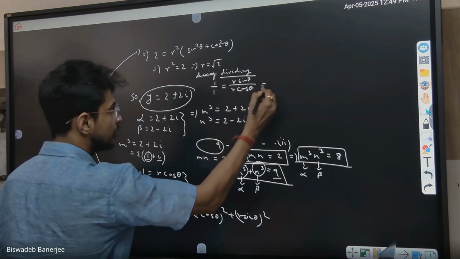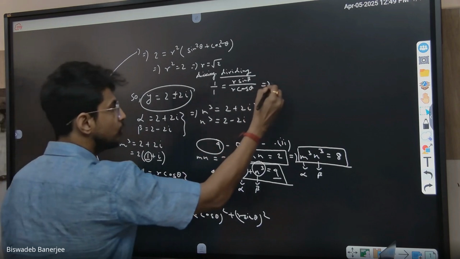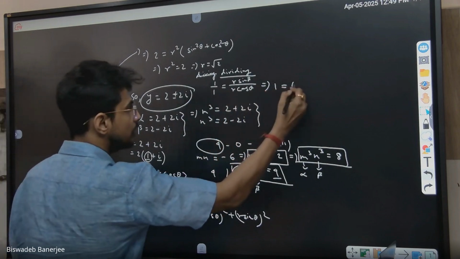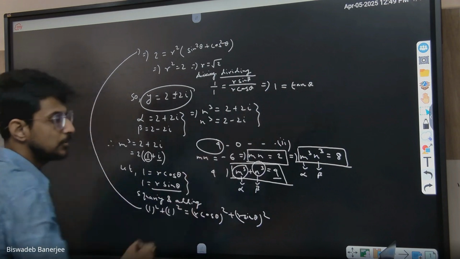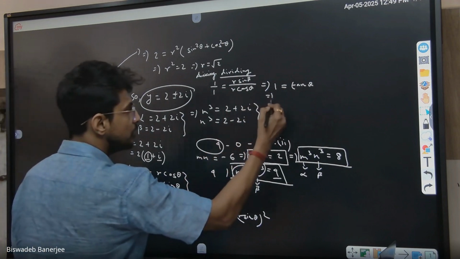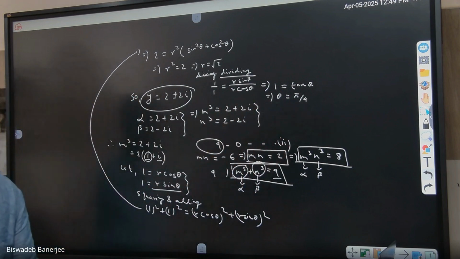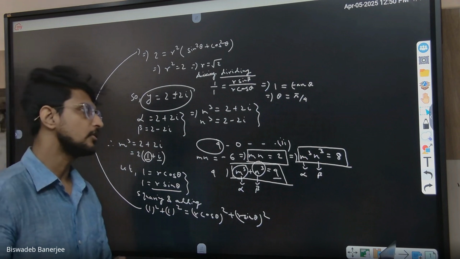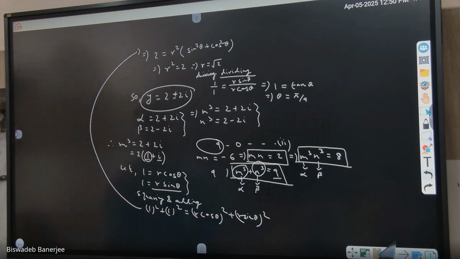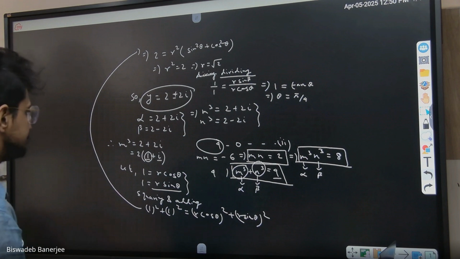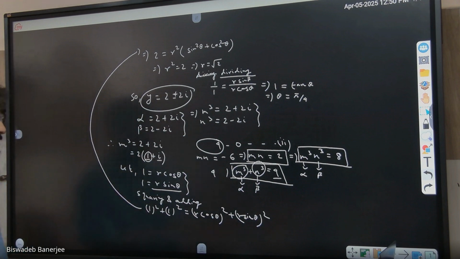Always find it by this rule. 1 by 1 gives you 1. r gets cancelled. Sin theta by cos theta gives you tan theta. And tan theta equal to 1 means theta is equal to pi by 4. It is very well known. So you obtain the values of r and theta. My r becomes this, my theta becomes this.